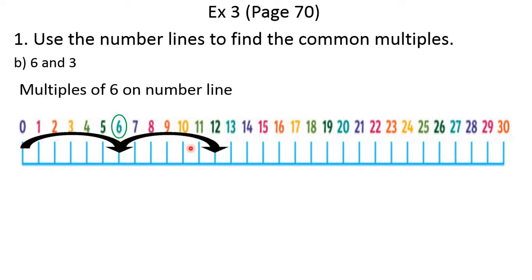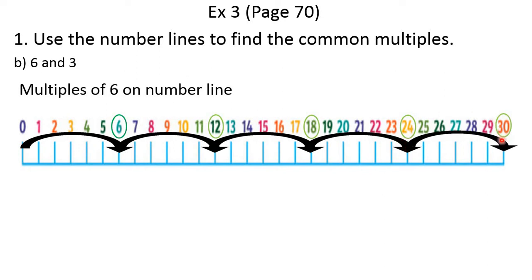Now again skip count by 6 and make the next jump. The next jump will be at 12. So encircle 12 now. That means 12 is a multiple of 6. After skip counting by 6 again, we get the number 18, and then 24, and then 30.